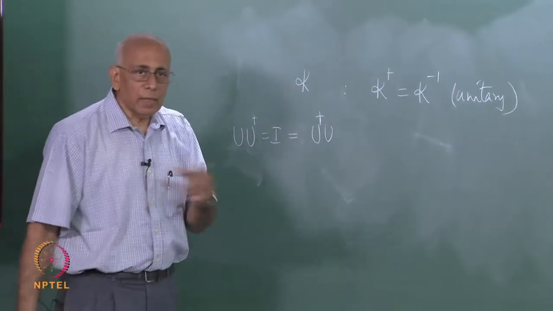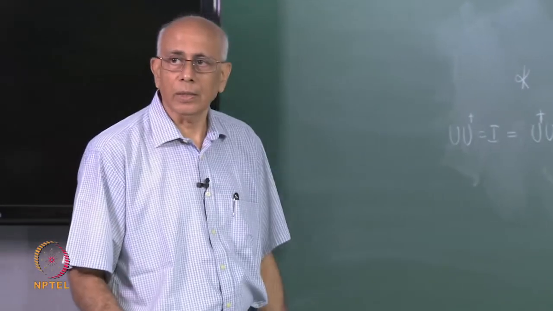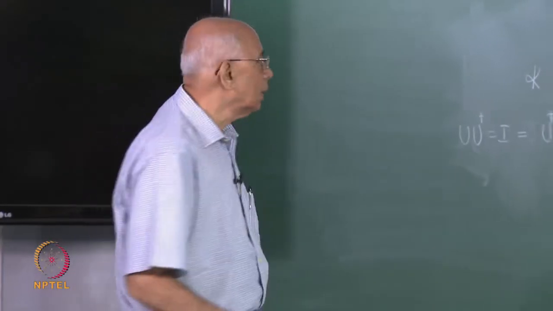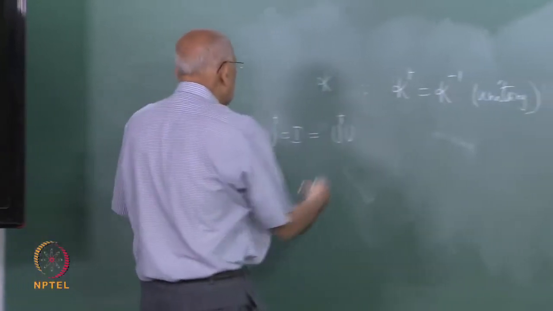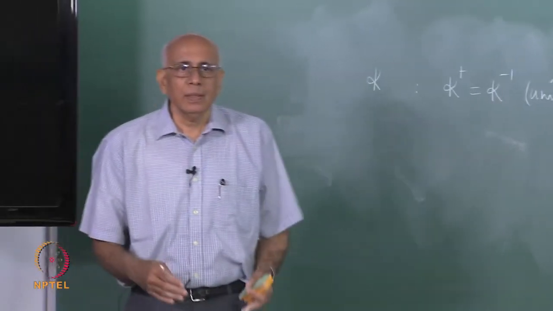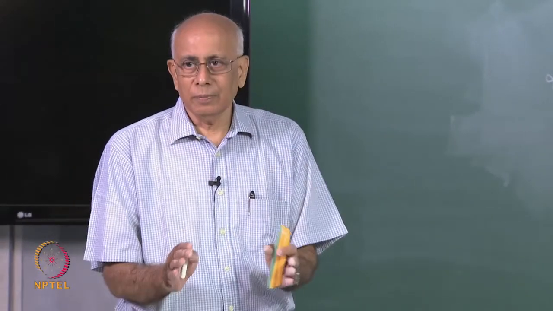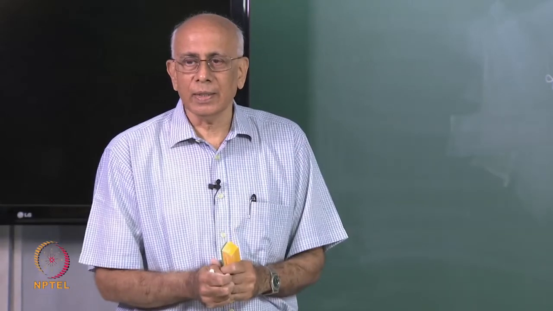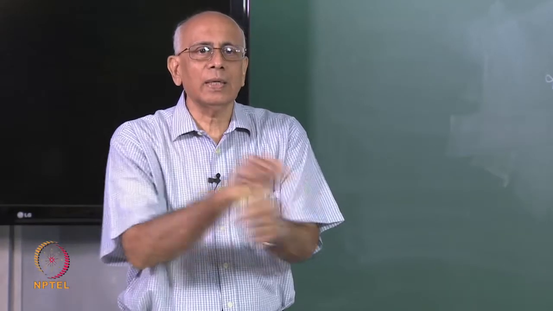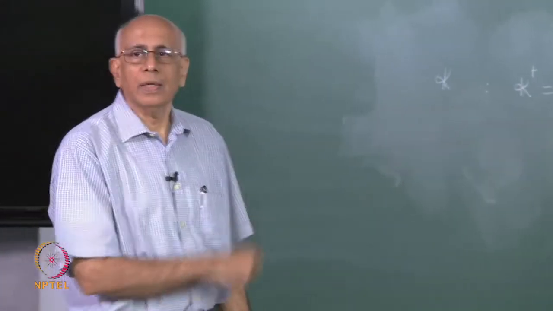The right inverse and the left inverse must exist and be the same thing, be equal to u dagger, the adjoint of the operator u. So we need to establish this, but this is an integral operator. First we need to know what is meant by the adjoint of this integral operator. Well, if it is a matrix, then I know what is meant by the adjoint: take the complex conjugate transpose. On the other hand, what is it for an integral operator?